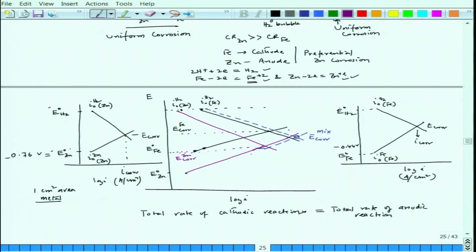Now, if you want to know what will be my corrosion rate of iron as well as zinc after consideration of mixed potential, for the case where both the iron and zinc plate blocks are joined together and placed in HCl, you just need to draw a line here.